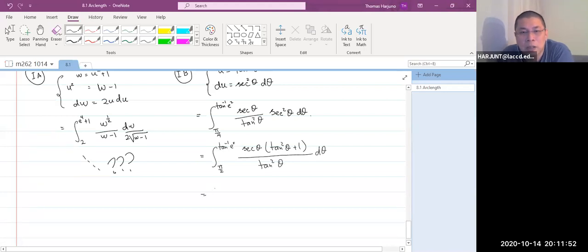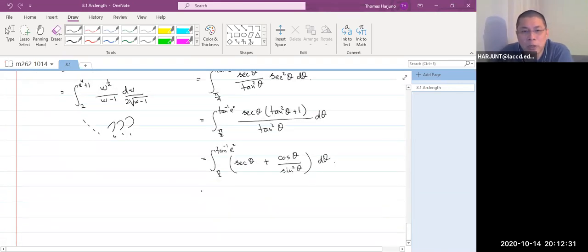That gives us the integral from pi over 2 to tangent inverse e squared of secant theta plus 1. So there will be cosine theta over sine squared theta d theta.